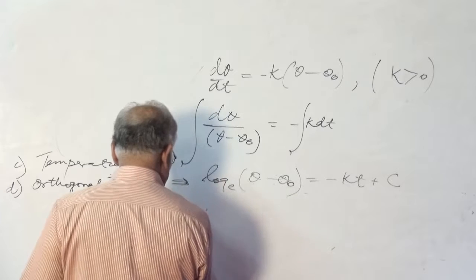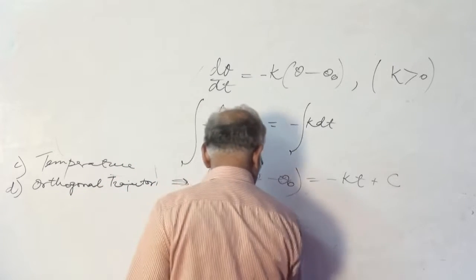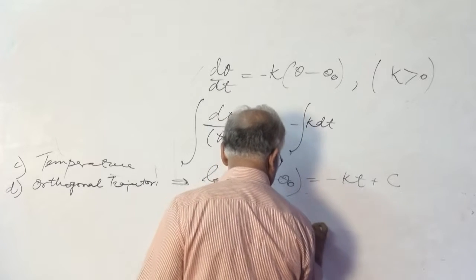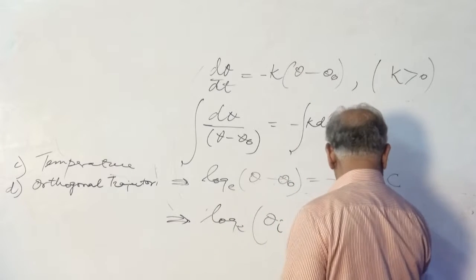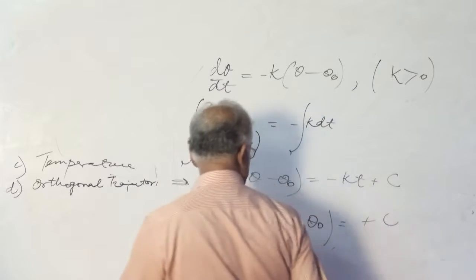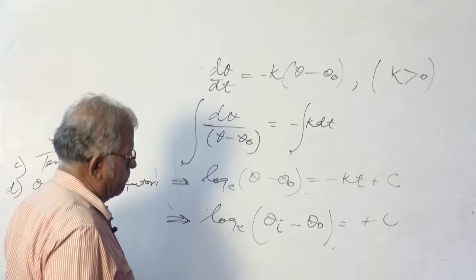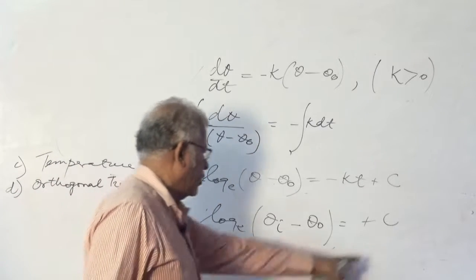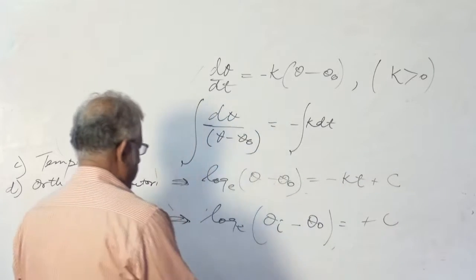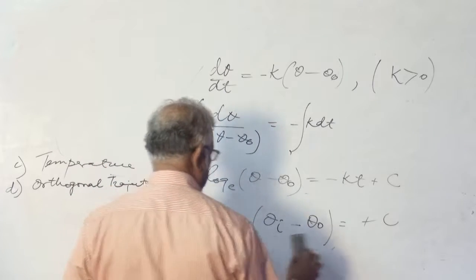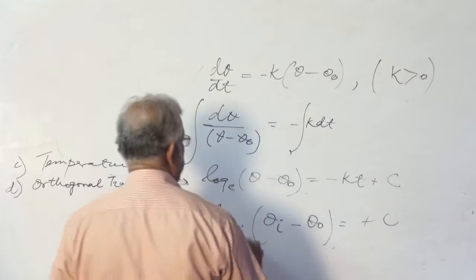So this implies that log e of theta I minus theta naught is plus C because t is 0. So C is log of theta I minus theta naught.